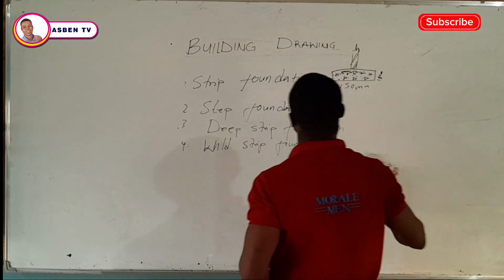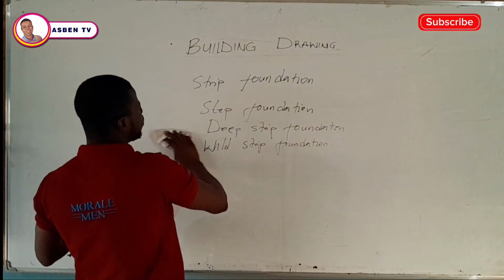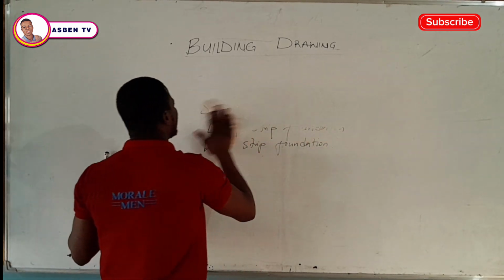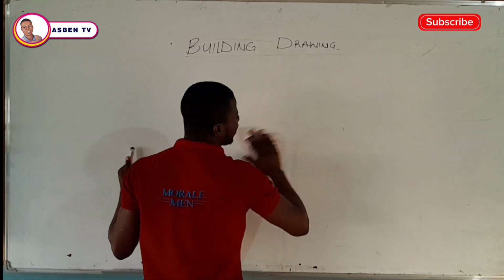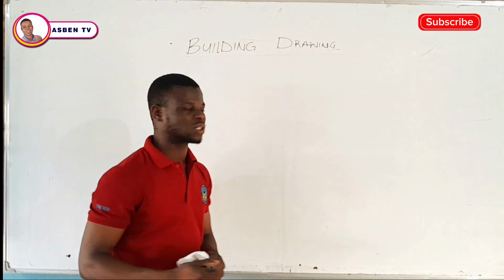In the building, they can give you a portion. These are the parts of a building that we know. So now we have come to the foundation, and you know the types of foundation that we have here. Let's come to the difference in walls. We have different types of walls.